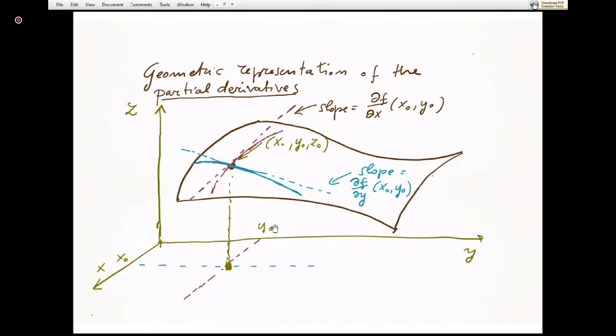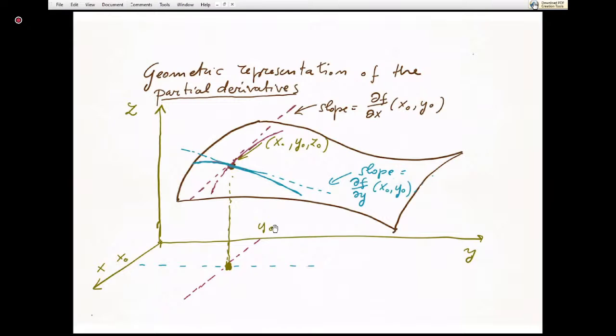Okay, if this section is concave, you should expect that the second derivative is negative. Which second derivative? The pure second derivative with respect to x, because I'm just keeping y at a fixed level. So this is just a function of x.